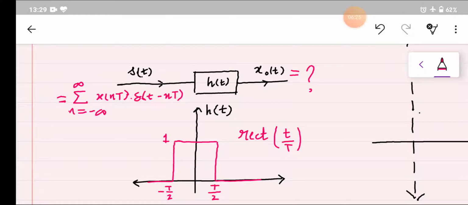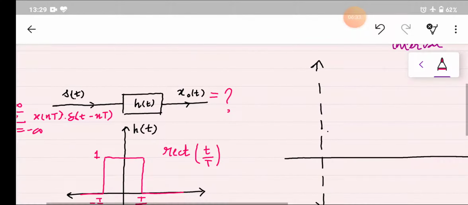When this signal is passed through an interpolator like a rectangular pulse, what will be the output?